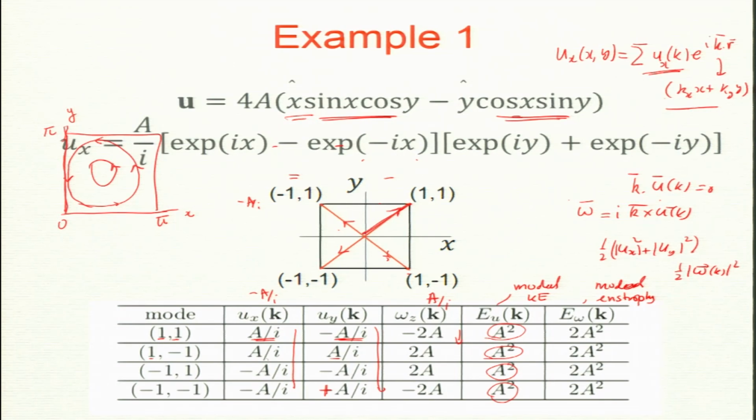So, a by I will be like this, and uy is the same complex length, but with a negative sign. So, it is like this. So, my u vector is like that. Okay. So, this is my u of 1 1. It better be perpendicular, and it is indeed perpendicular.